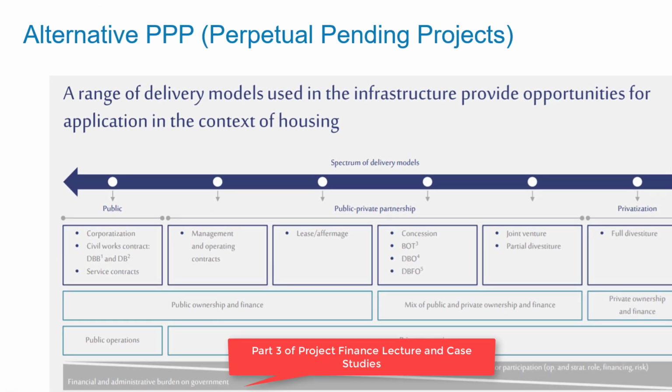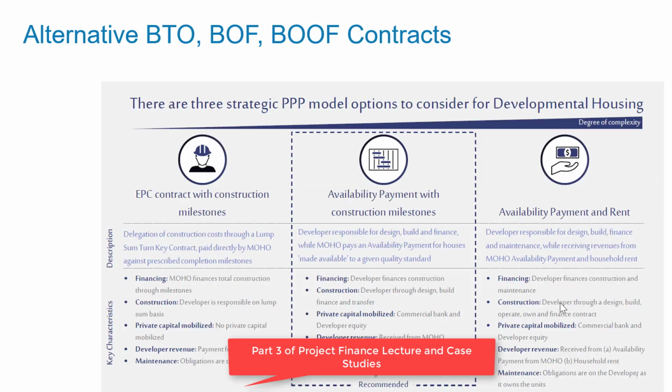Here's what I already talked about. This is a slide somebody gave me after I gave him a model. You could have totally public projects with corporatization, where they just have a civil works contract, and then you could have BOT, DB, or full divestiture, full privatization.